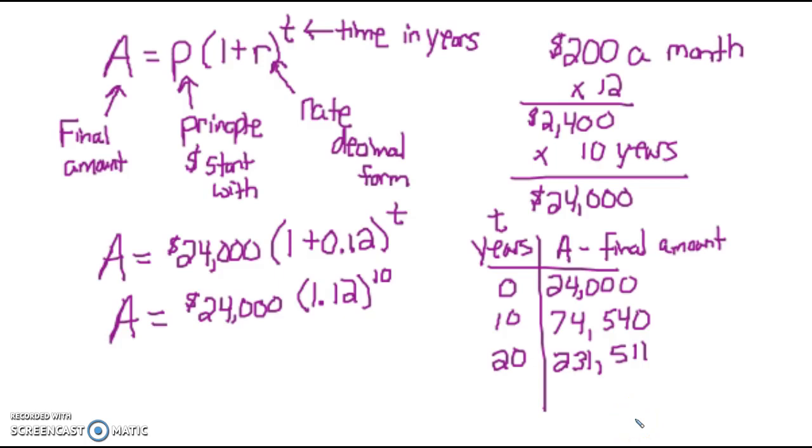If I change that 20 to a 30, I'm at $719,038. So if you save in your 20s, the end of your 30s, you're going to be here, into 40s, into your 50s.